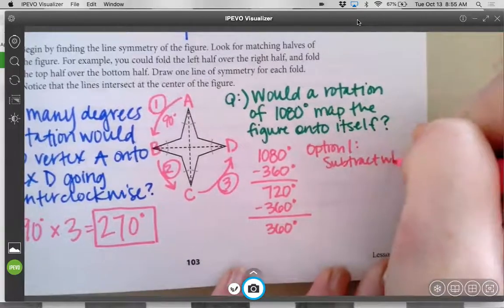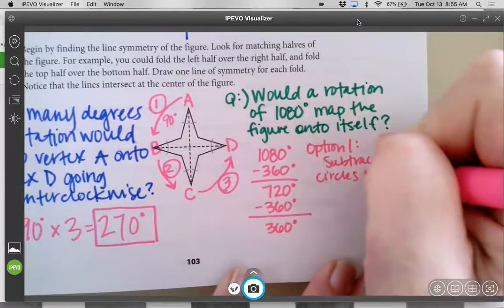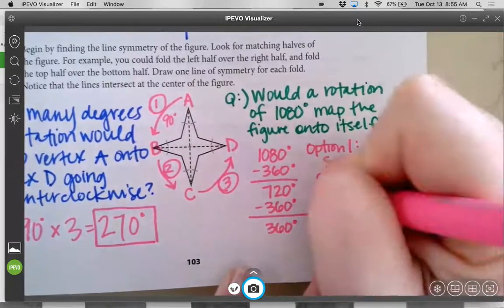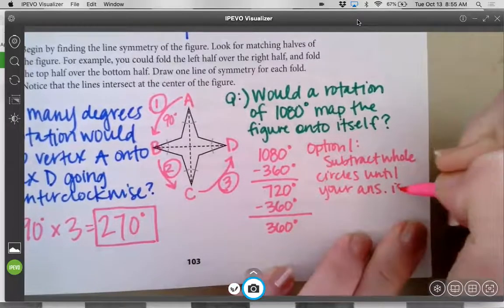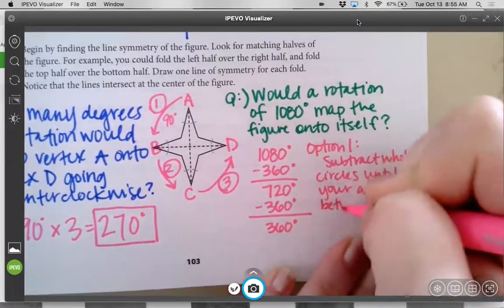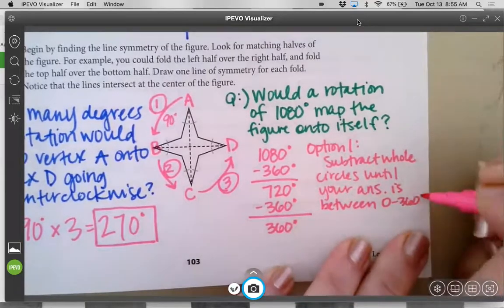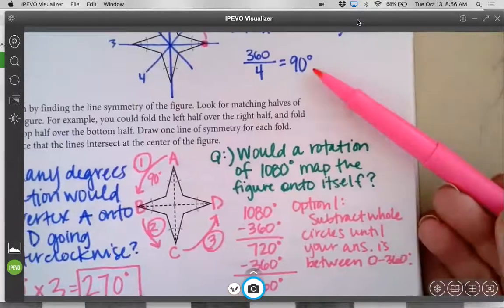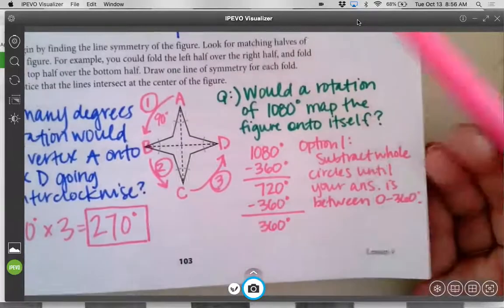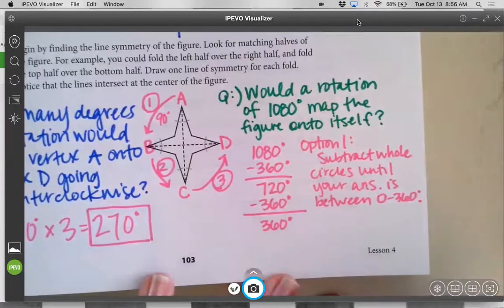So what you're trying to do is subtract, and we're going to put over here option 1, subtract whole circles until your answer is between 0 and 360. And then you're just going to check to see if that's a multiple of whatever you divided it out. So in this case, a multiple of 90. So if this is a multiple of 90, then it would map the figure onto itself.